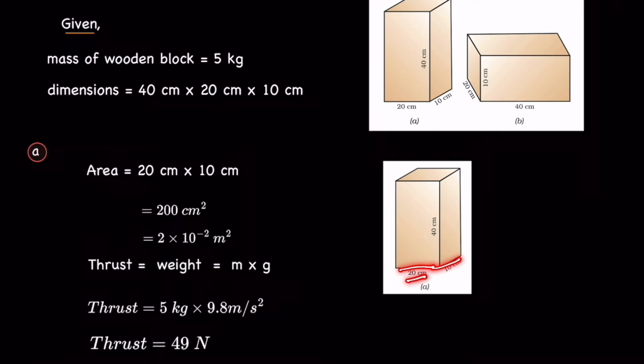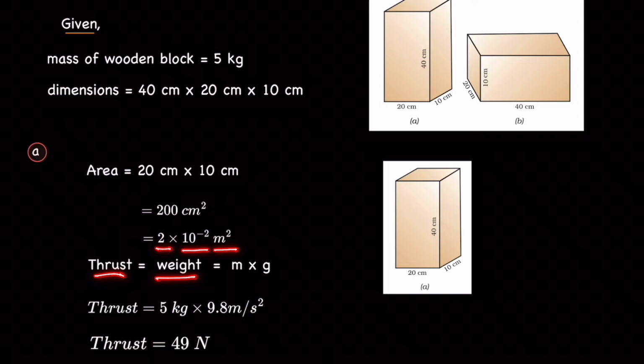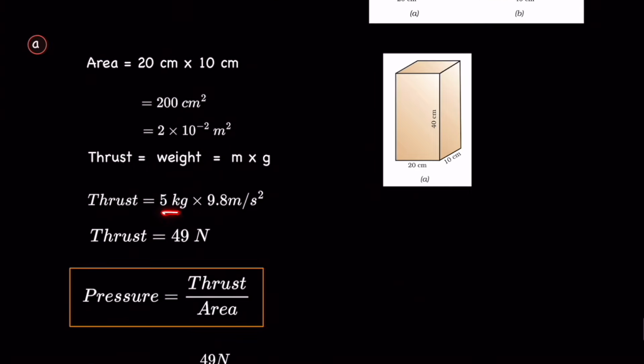So 20 into 10 is touching the surface. So its total area is 2 into 10 to the power minus 2 meter square. And thrust is equal to weight of the body. Weight is equal to m into g. So m is 5 kg and acceleration due to gravity is 9.8 meter per second square. After solving, thrust is equal to 49 Newton.